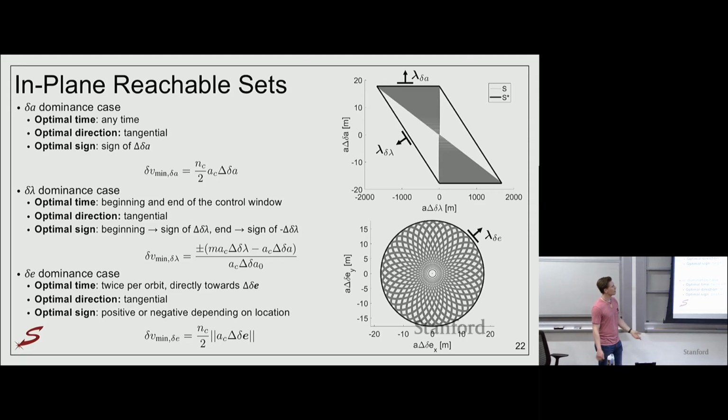What that means is that an optimal maneuver actually occurs twice per orbit. Once directly at the angle of the delta E pseudostate, and once directly opposite. So you're either taking a positive maneuver or a negative maneuver. Again, tangential, and we can come up with an expression for a delta V minima.